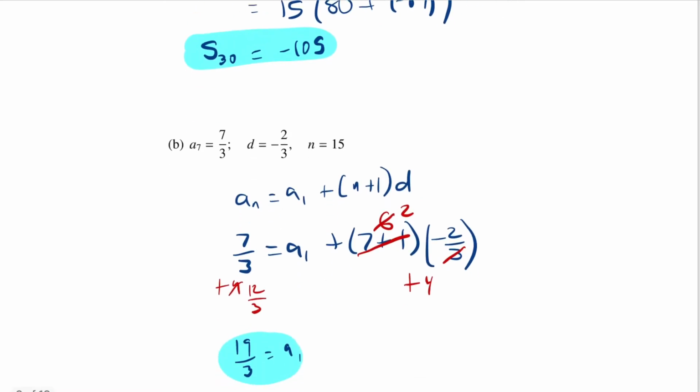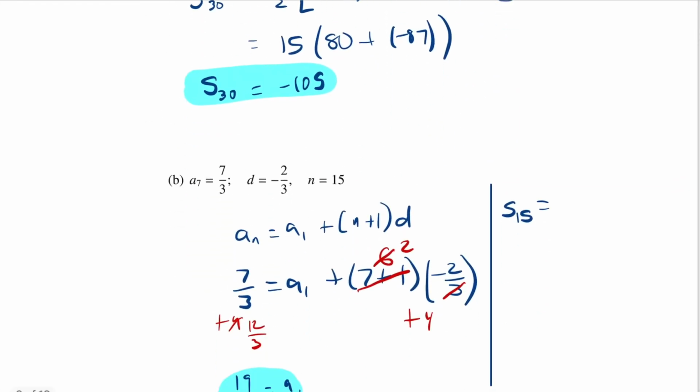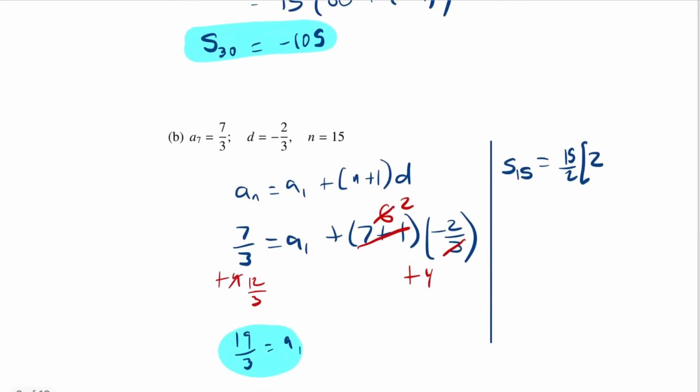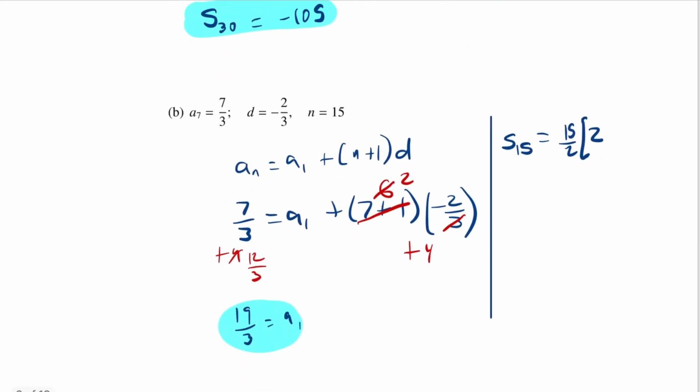A sub 1 is 19 over 3, plus n minus 1 times d, plus n minus 1 is 14, times d is negative 2/3.